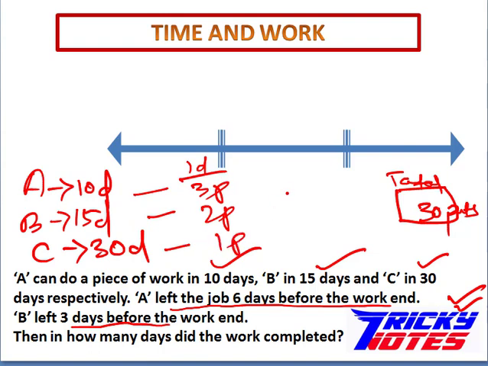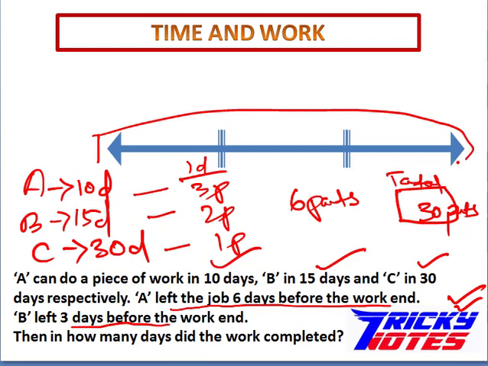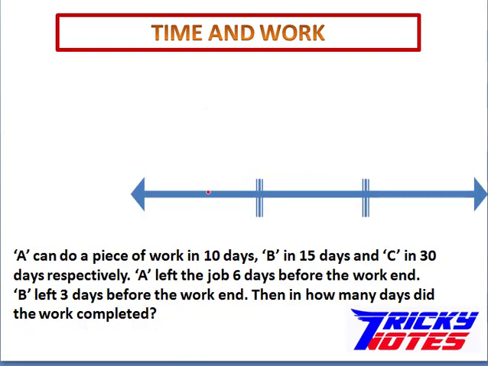So total they are doing 6 parts. And I have taken this diagram. Why? Because in this diagram I'll solve the problem, and this will be much easier for solving these kinds of questions. So let's go to the problem.